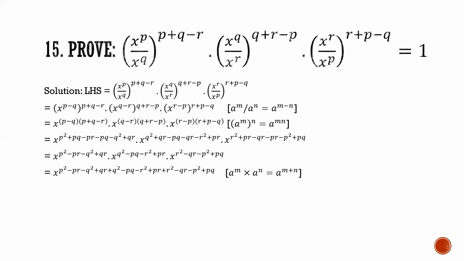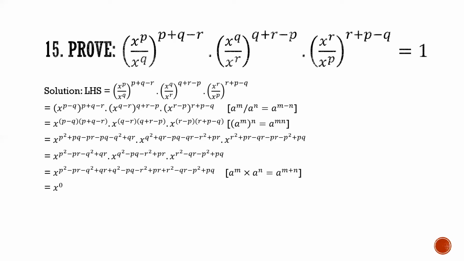Then minus pq can be cancelled with plus pq, which is the last term. Then minus r square can be cancelled by plus r square. So we can see that all terms are cancelled by each other or their additive inverse term.